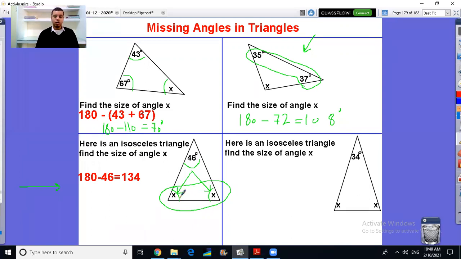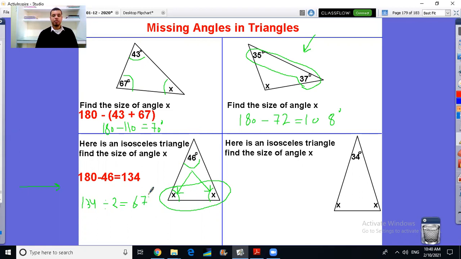Yes, but you know that both of them together are equal. Both are equal. So it's 134 divided by 2, which is going to be exactly, of course, using long division, or if you can do it mentally, then great. It is going to be 67 degrees.